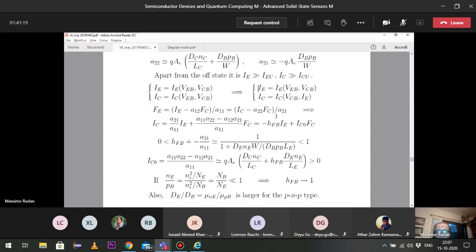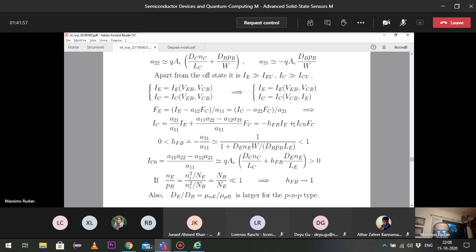So this explains why HFB is called gain. It is the ratio between IC and IE in the bipolar transistor functioning in the normal mode of operation. Instead, you may consider a situation in which the emitter contact is left open, such that IE is 0. So this expression becomes IC equal to IC0.